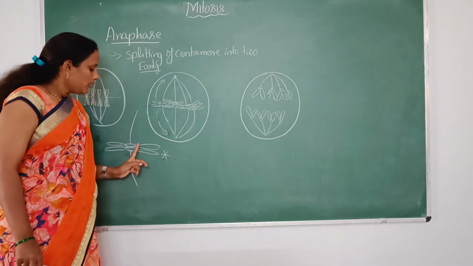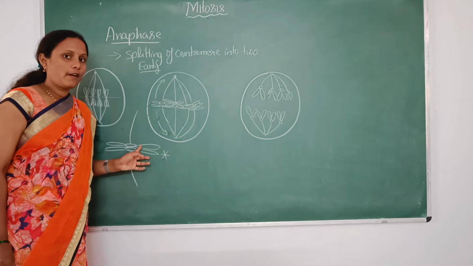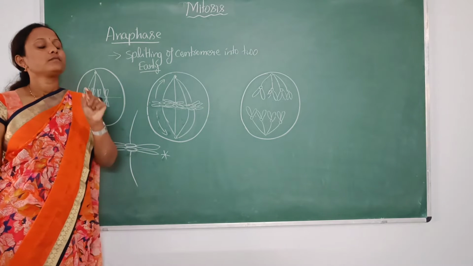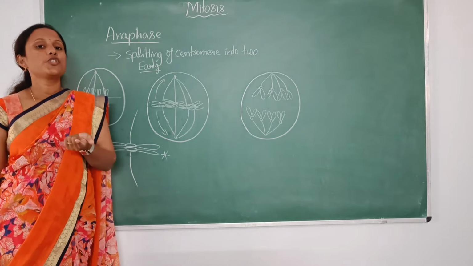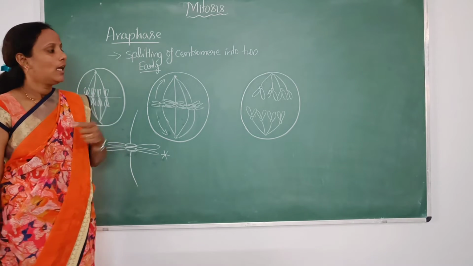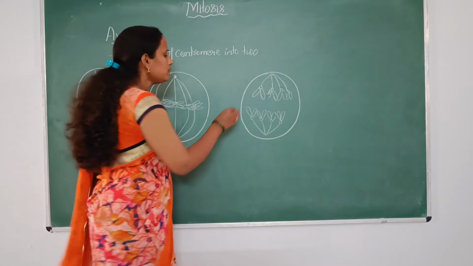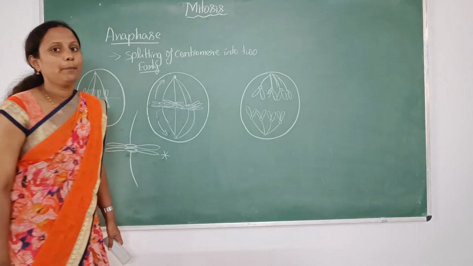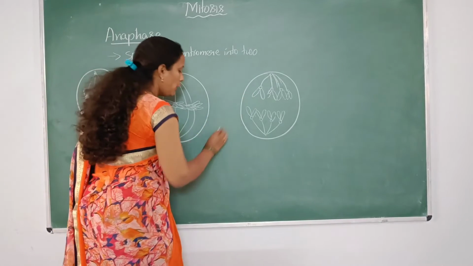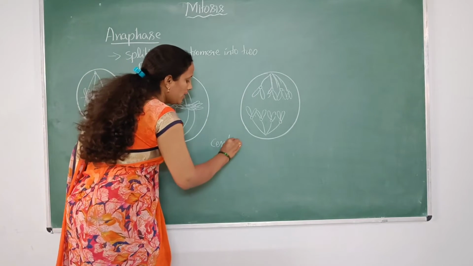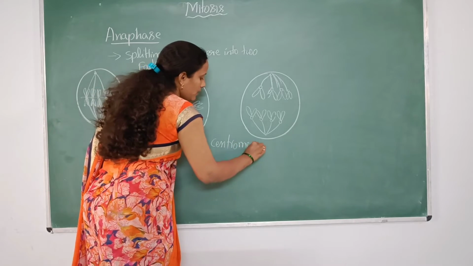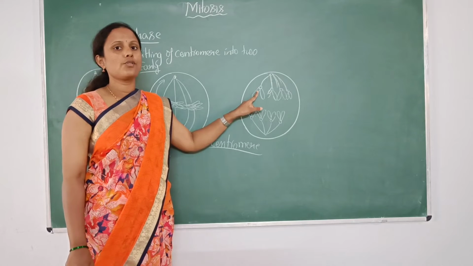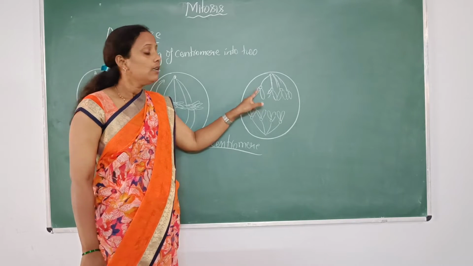Even though they are split from a single chromosome, they will be the chromosomes of the future daughter cells. Now, once the movement has started, the movement is very peculiar. The movement of only the centromere will take place. That means we know that the spindle fibers will be attached to the kinetochore at one place, right?